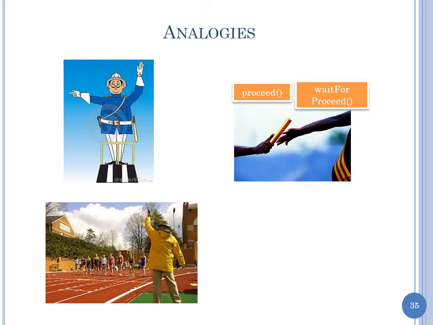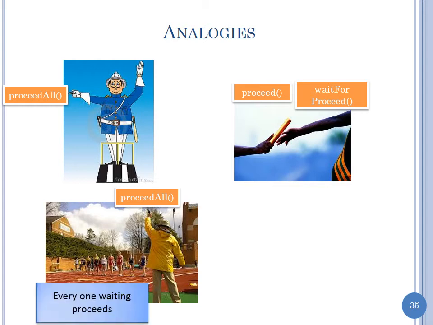We see this happen in real life, and pretty much that is what was happening in our simulation also. So this is proceed all, and the example of a baton being exchanged between two runners is an example of just proceed or notify. Everyone waiting proceeds, and one person proceeds.